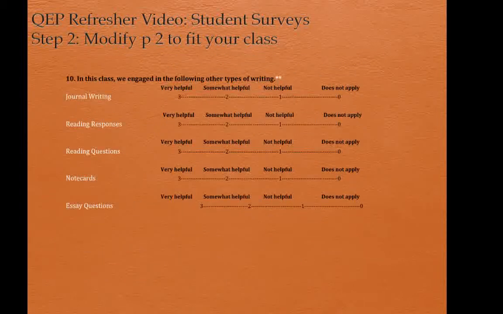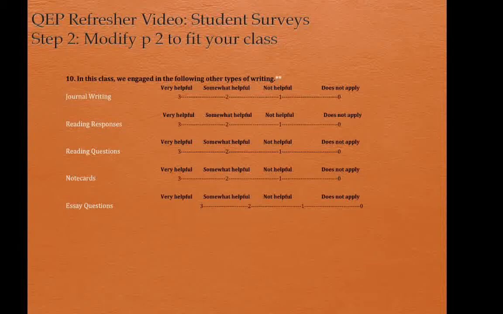At the bottom of page 2, all of these are in white because what you do in your class for Writing to Learn is completely up to you. If you use any one of these, keep it on there. If you use something else, put it on there and take the ones that you don't use off. I find that the people who don't take everything off get weird responses because the students sometimes say that things that they did were helpful when they didn't really do them.